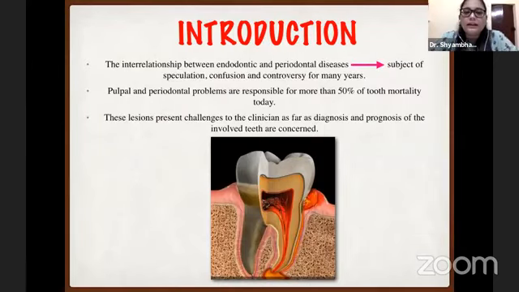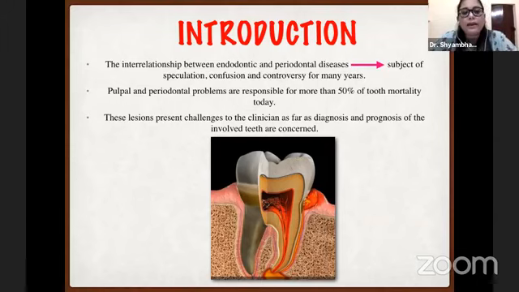Now, the interrelationship between endodontic and periodontal diseases has been a subject of speculation, confusion, and controversy for many years, since it involves two different schools of dentistry, that is endodontics as well as periodontics. That is why it has always been a case of confusion for almost all the practitioners.